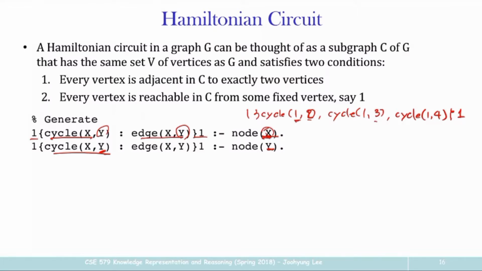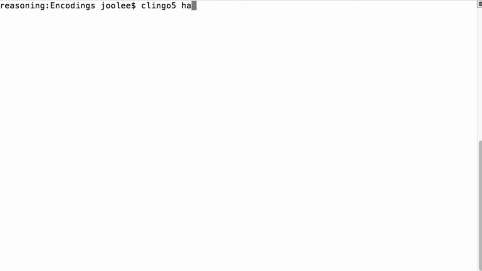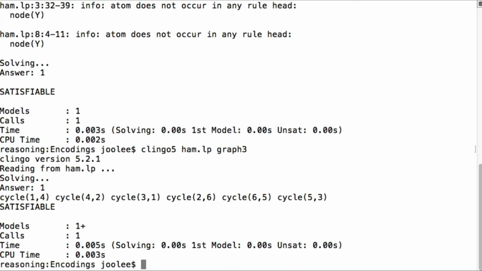Maybe let me show you first. I think I have to give a graph. Yes, this is what you will see at the end. The cycle predicate encodes the Hamiltonian circuit.